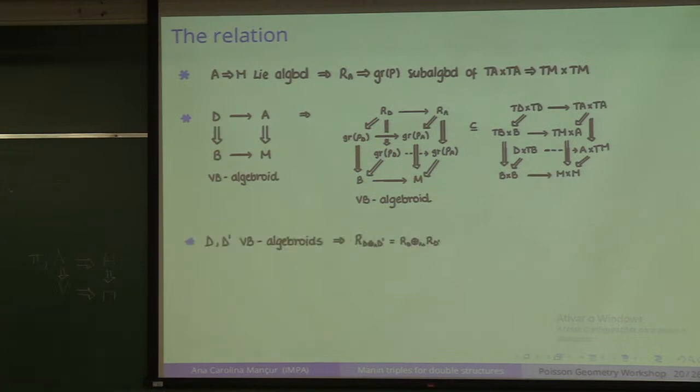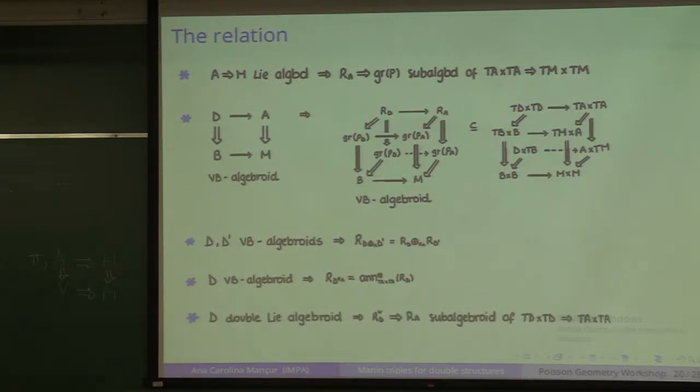When we have two VB algebras, the relation of the double is the double of the relations. When we have a VB algebra, the relation of the dual is the annihilator sharp in some direction here of this original relation. And when we have a double Lie algebra, so let me.